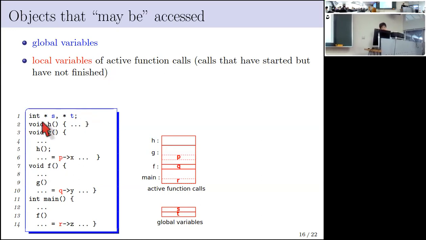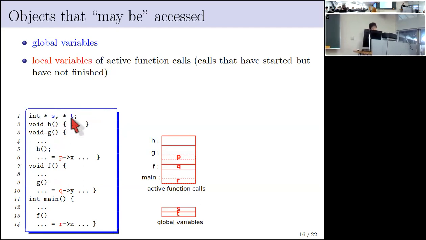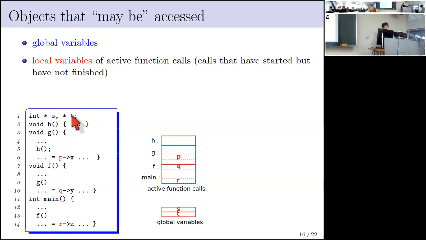So let's consider this program. You have two global variables, S and T. No matter where you are, no matter what the actual program looks like, we always assume that S and T may be used. As a result, all the memory blocks referenced by S and T may be used in future.